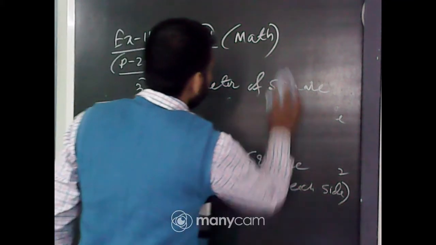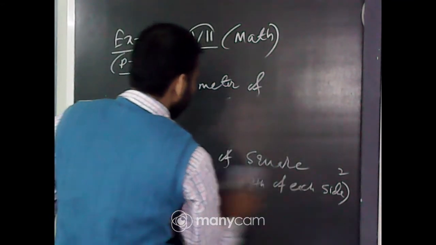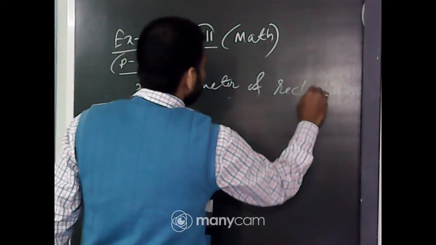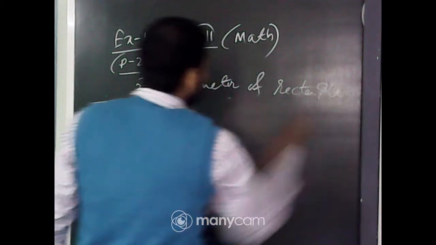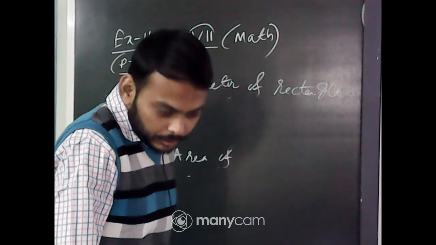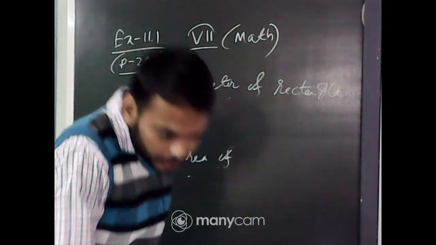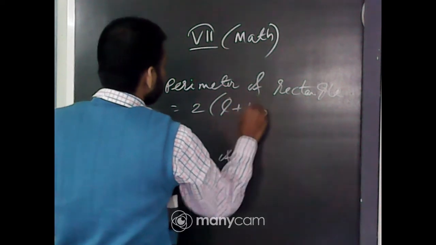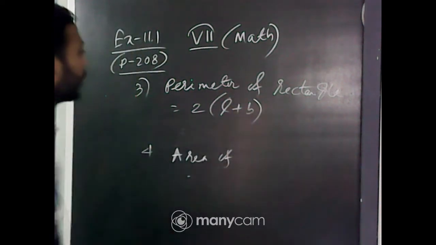Perimeter of rectangle and area of rectangle. Tell me, perimeter of rectangle. Perimeter of rectangle is 2 into length plus breadth, 2 into L plus B. Very good. L is the length and B is the breadth here.